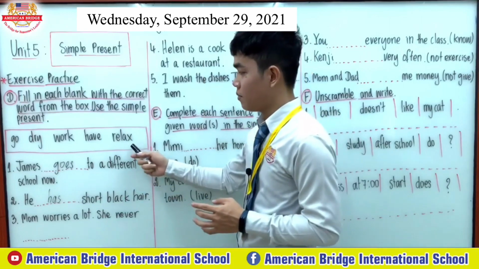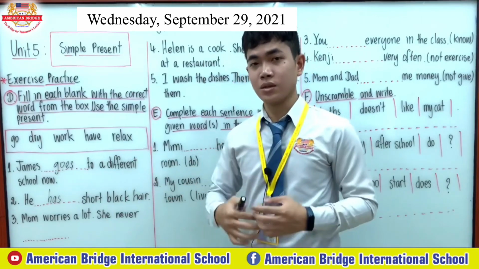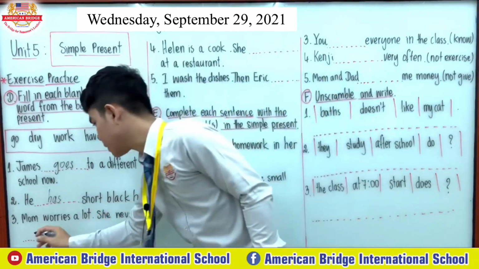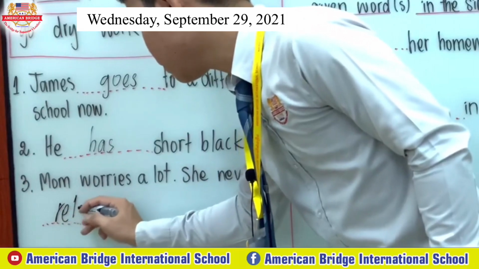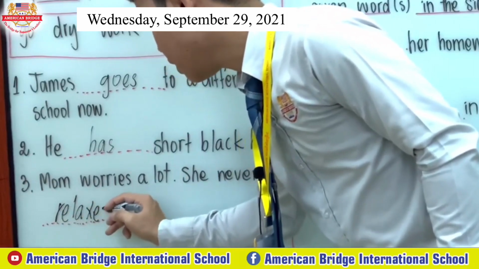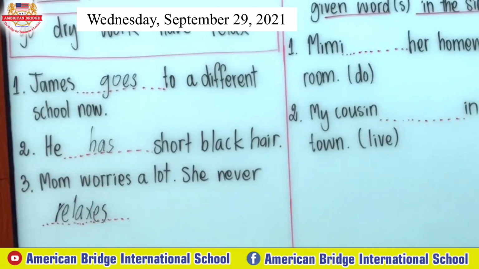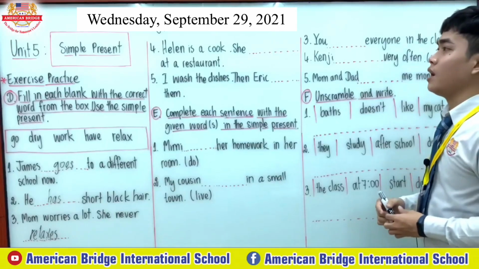But for this verb, it ended with X, so you have to add only es, right? So it goes to relaxes. Okay, mom worries a lot. She never relaxes.